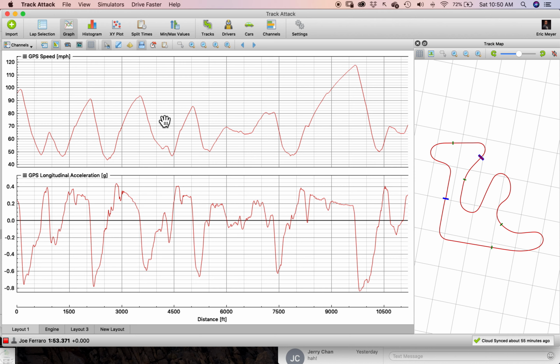I want to see where your head's turning, where you're looking. All of these things can be supported by a good in-car wide-angle camera lens over your right shoulder. Seeing forward out the windshield, that's easy.